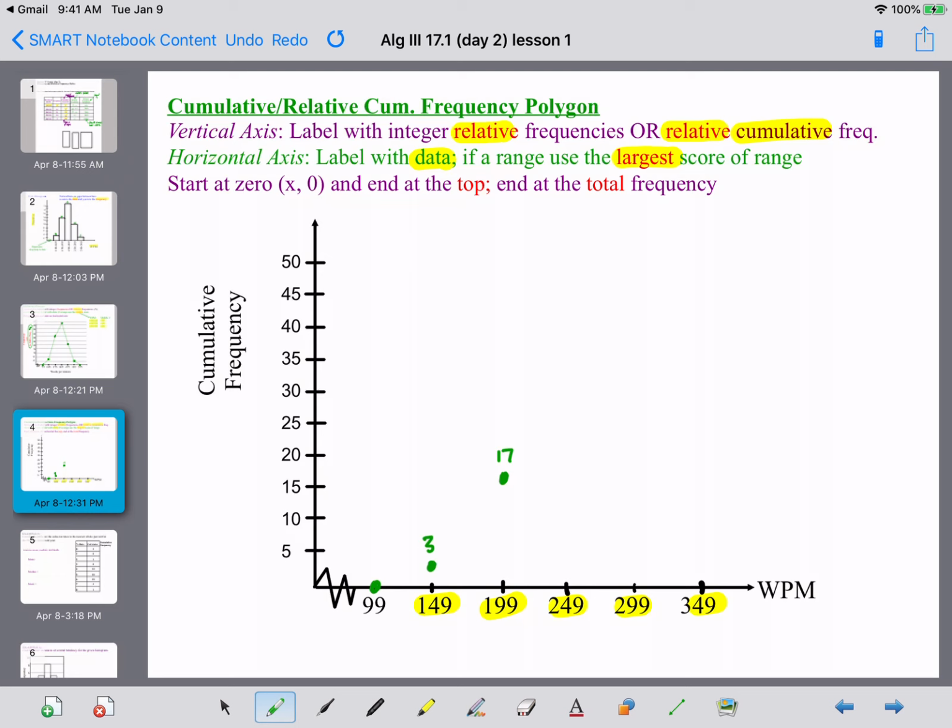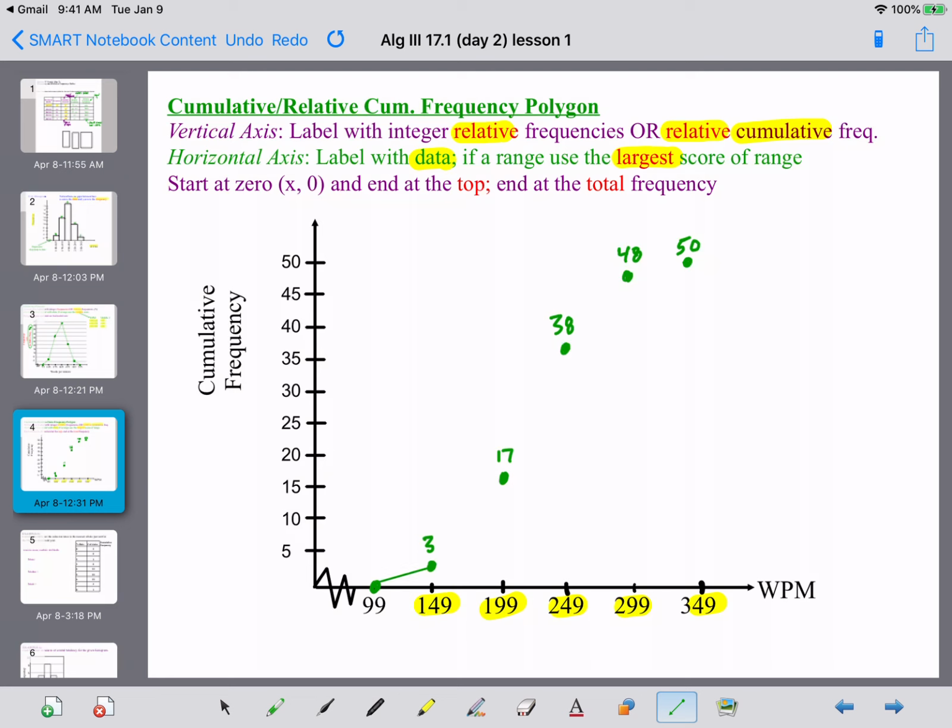And then we were up to 38. All right, and then 48. And then lastly, we ended at 50, which I think I have up a little bit too high. All right, so this was 48, and then we stopped at 50.